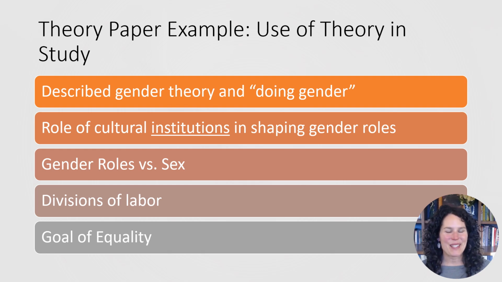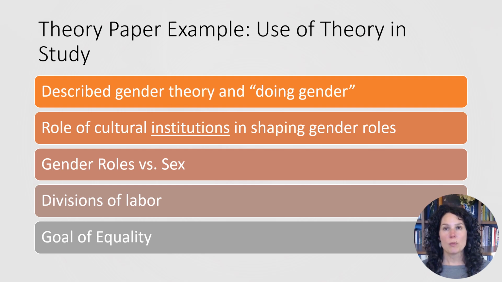And so this is obviously an abbreviated version, but I would point out that they clearly summarized gender theory and they talked about doing gender. They mentioned the role of cultural institutions in shaping gender roles, like we had talked about, the institutional versus individual construction of gender.